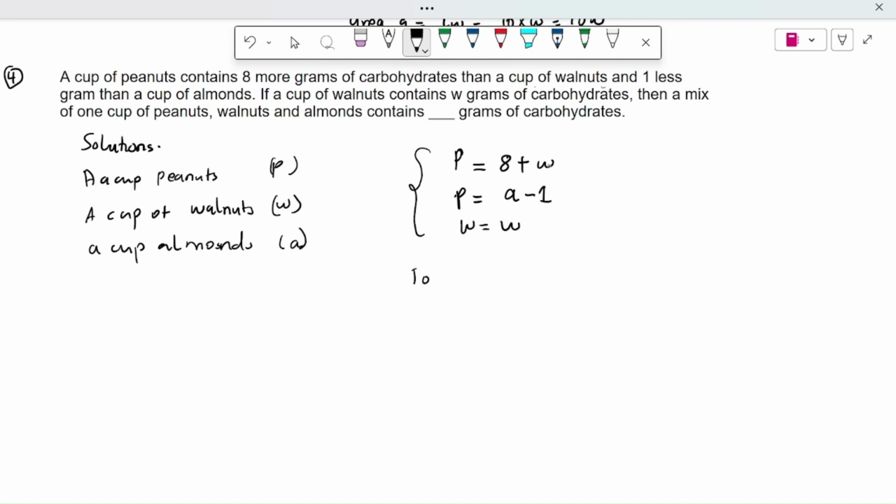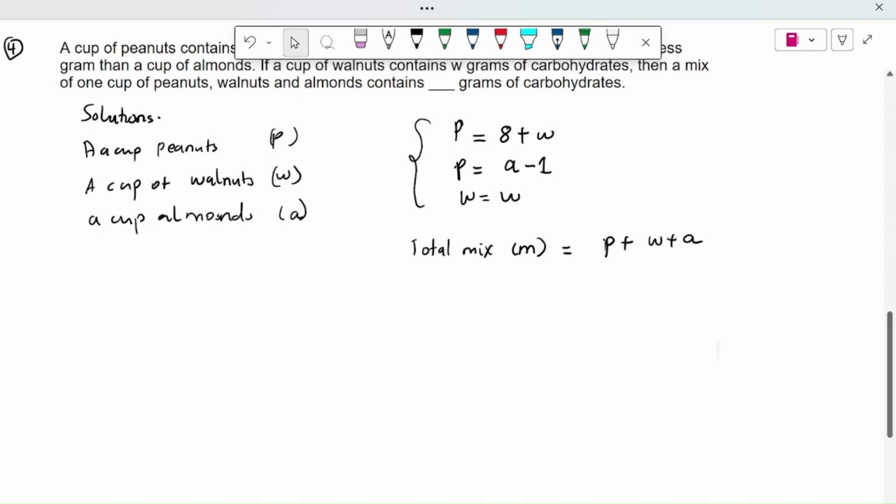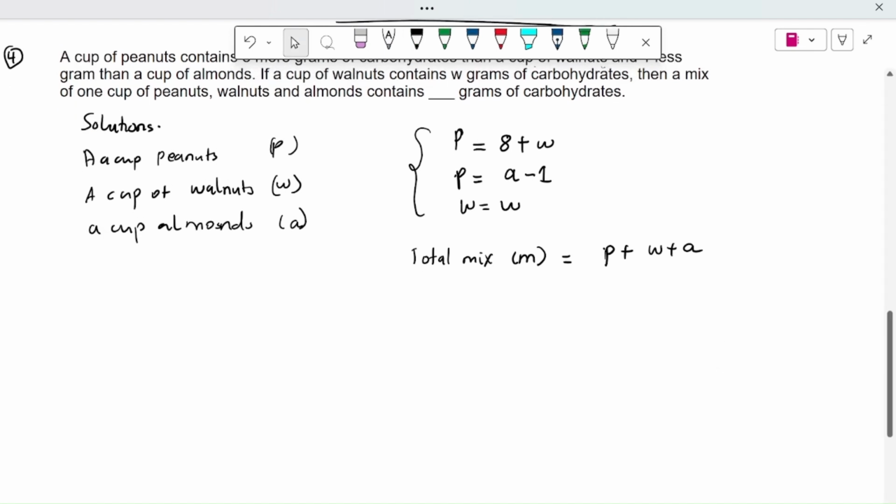So let's call the total mix M, which is equal to the addition of the cup of peanuts, the cup of walnuts, and the cup of almonds. So let's make the substitution from these equations. Let's say this is equation 1, this is equation 2.